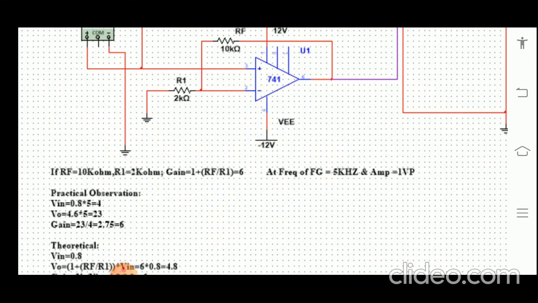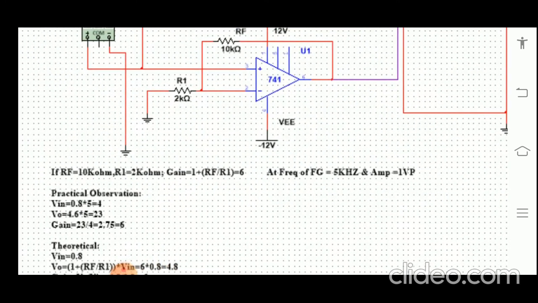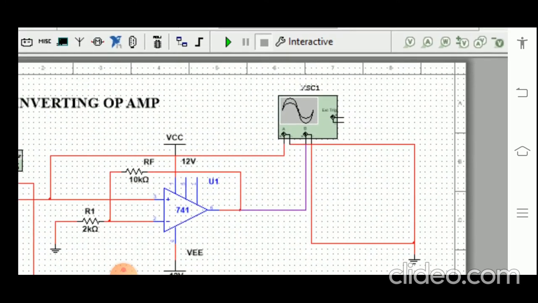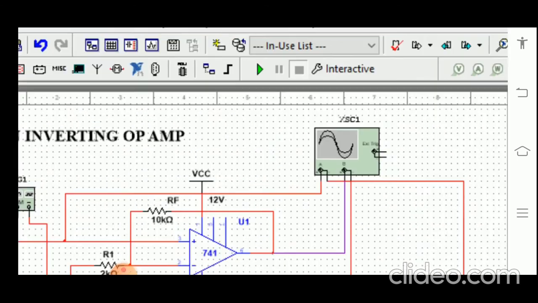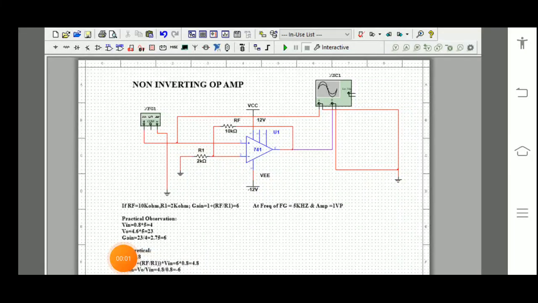So how it is done: when you construct the circuit diagram in the Multisim software breadboard, after that we need to click the run button, which is indicated in green.